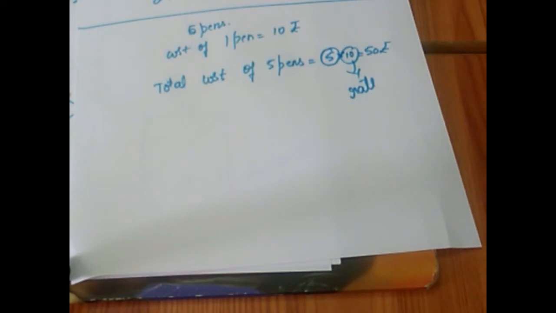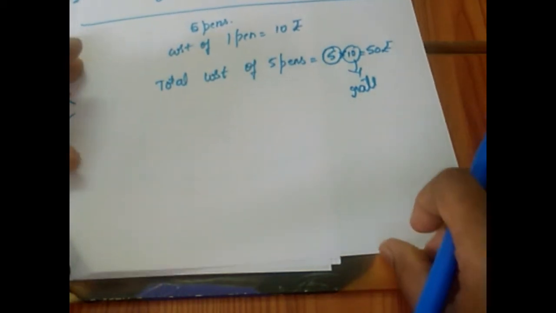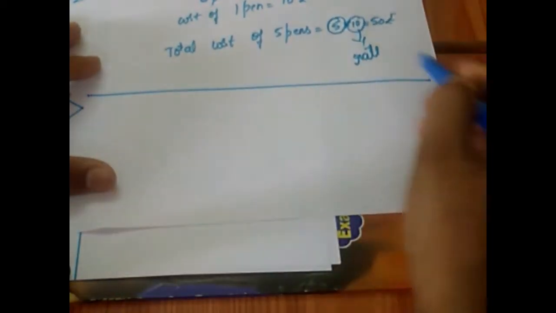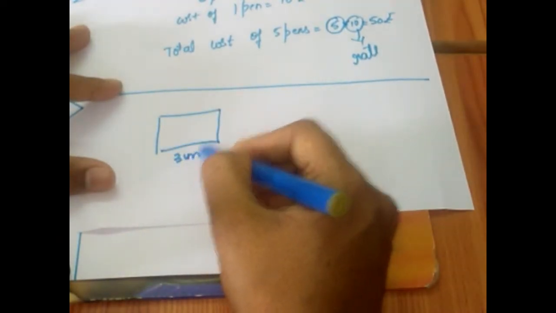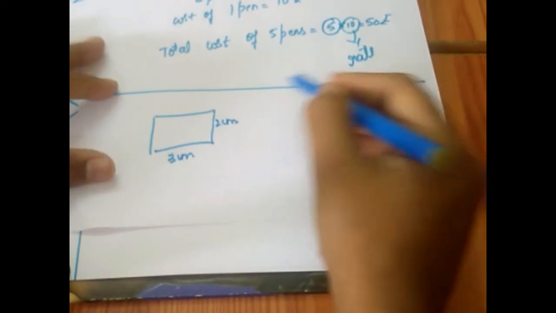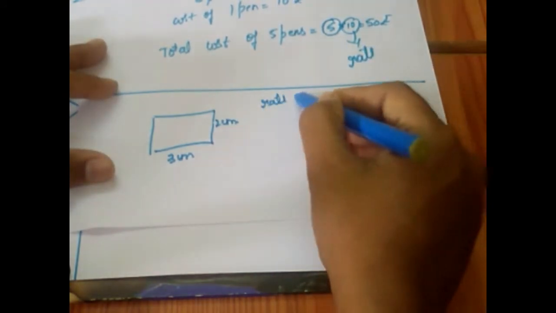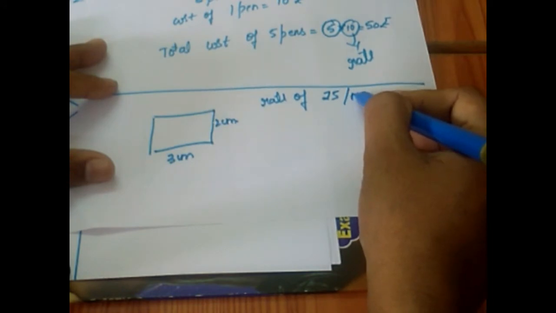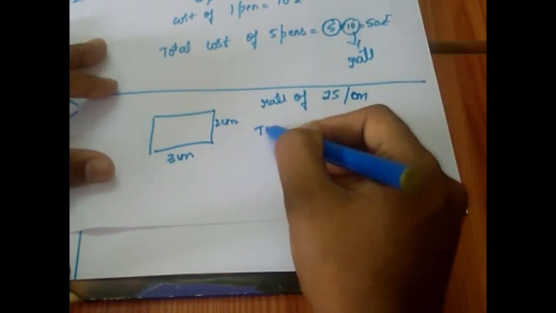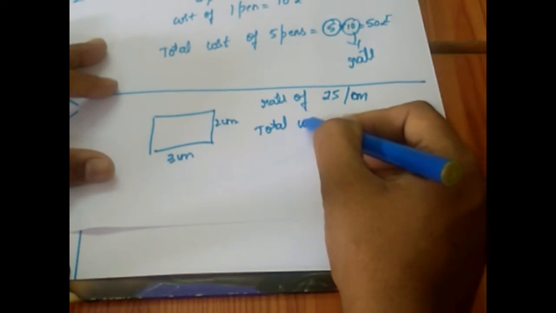Okay, in a similar way, we are going to have a question that in a rectangle, length is 3 centimeter, breadth is 2 centimeter, and the rate of fencing is given as 25 rupees per centimeter. Find the total cost.